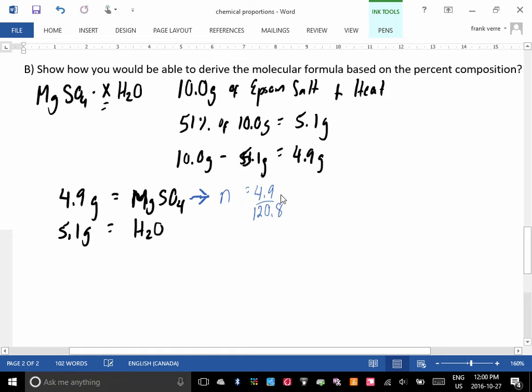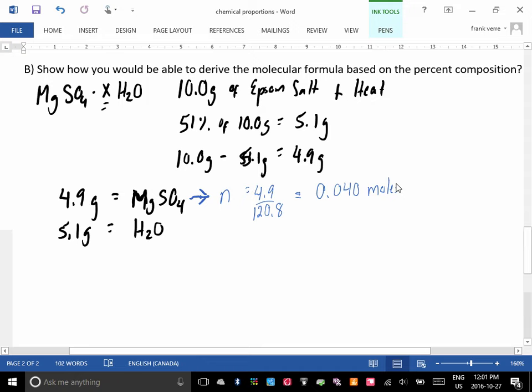We'll just round it up to 8. So how many moles would that represent? 0.040 moles.